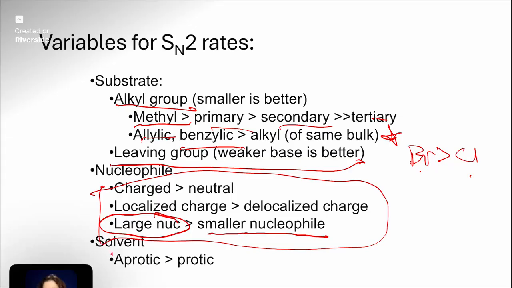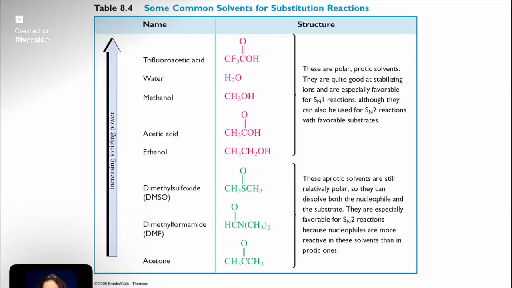Finally, in solvents, aprotic tends to favor SN2 even more because protic solvents solvate the nucleophile and slow down the reaction. So just as an example, here are some common solvents for nucleophilic reactions. The ones on the top are all protic. They all have OHs.